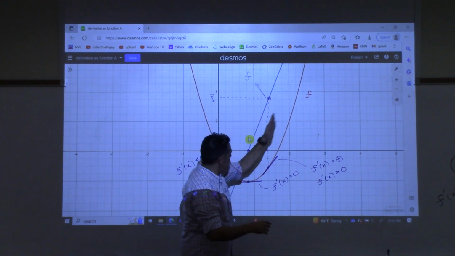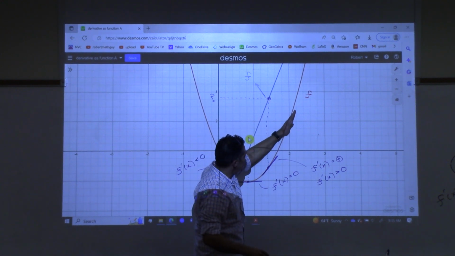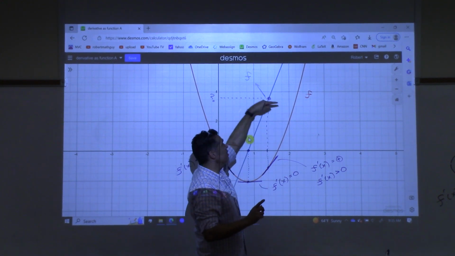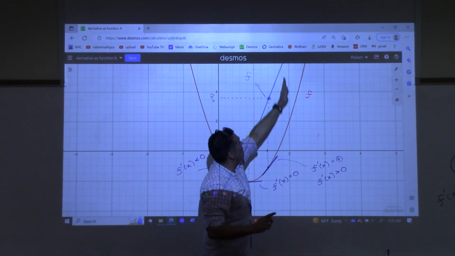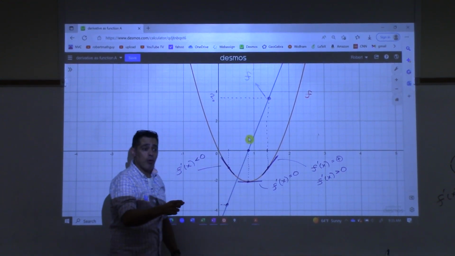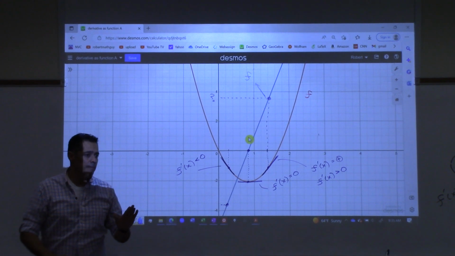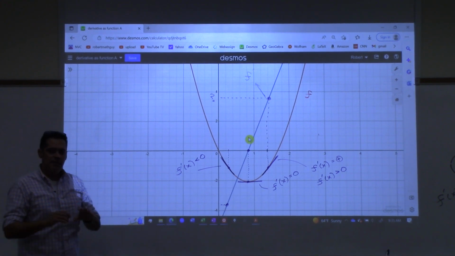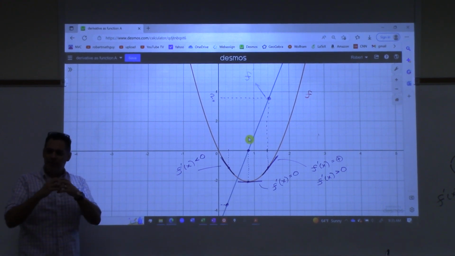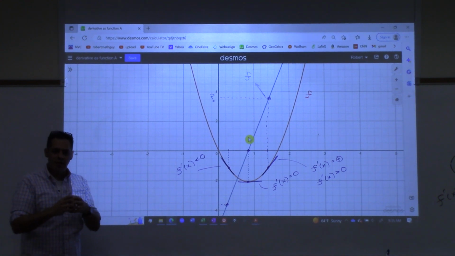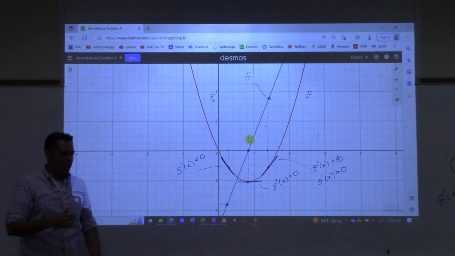And if we go to a certain point and want to know the slope of that line, all we have to do is go look at the derivative function, go to that same x value, and then go get the y coordinate off the derivative, and that'll give us the slope. Okay, I get it. Thank you. Yeah, this is like the big deal about the derivative. It always gives you the slope of the function it came from.